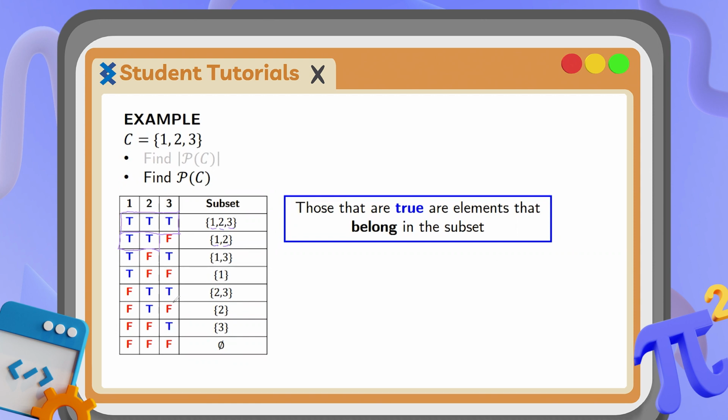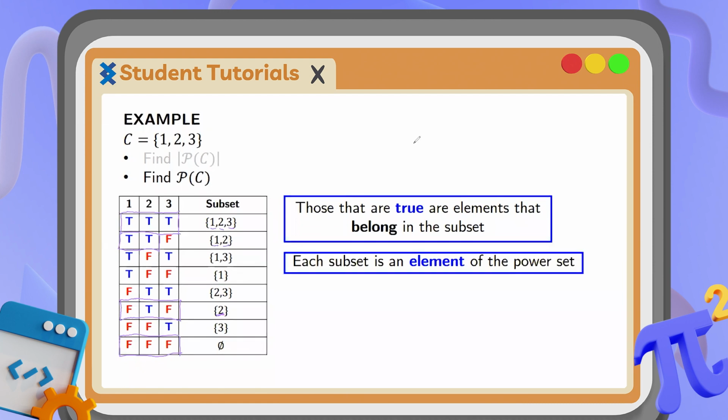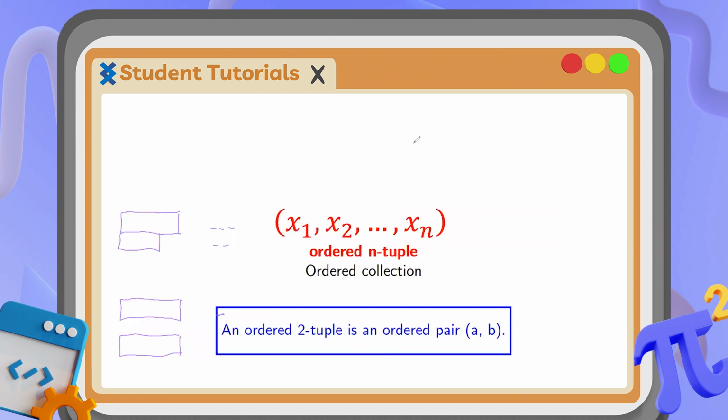And then we have something like this, where 2 is the only one that is true, and then 1 and 3 are false. Then 2 would be the only one in the subset. And if all 3 are false, then all 3 elements are not in the subset, which means it's just the null set. So here, each subset is an element of the power set.